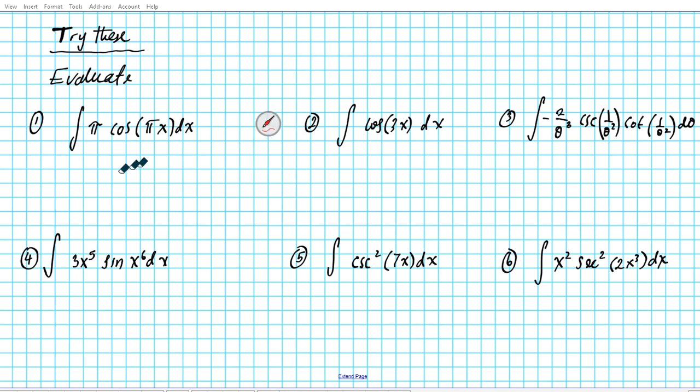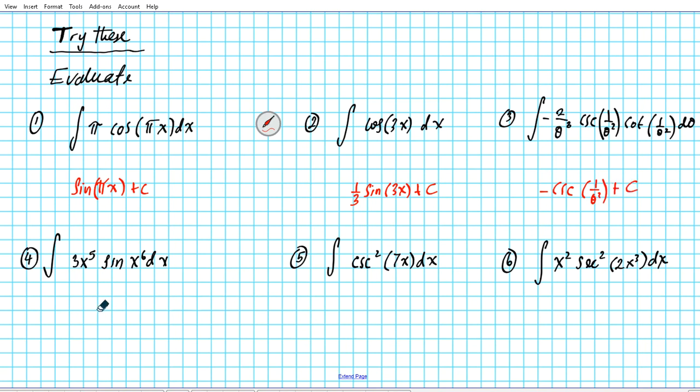Number 1, the answer is sine of pi x plus c. Number 2, the answer is 1/3 sine 3x plus c. Number 3, the answer is negative cosecant of 1 over theta square plus c.